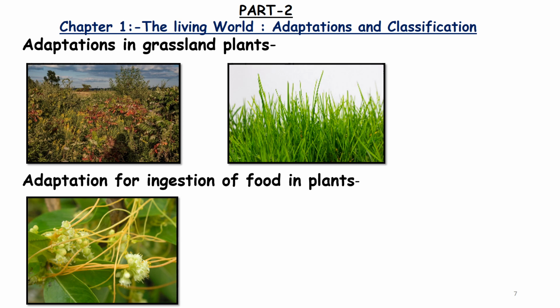Host plant means on which plant such type of parasitic plants grows. Okay, got it? These roots penetrate up to the conducting vessel of the host plant to absorb water and food. Okay.